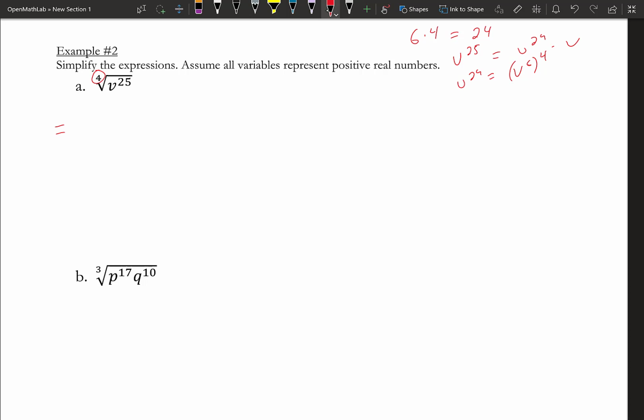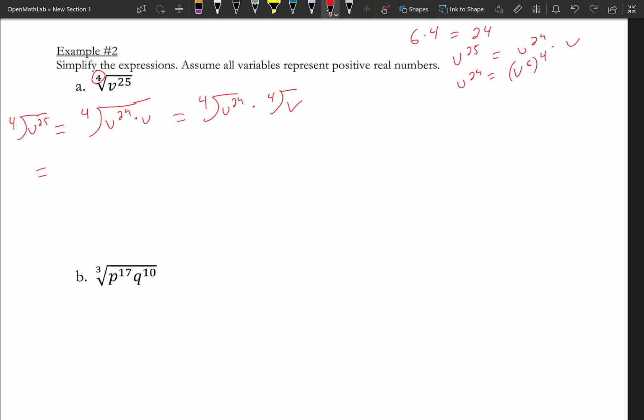So when I'm working through this, I'd have the fourth root of v to the 25th equals the fourth root of v to the 24th times v. And then I can split these up, so this would be the fourth root of v to the 24th times the fourth root of v.